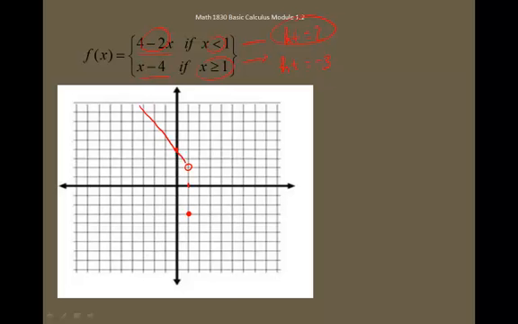And the slope of this one is 1, which is 1 over 1, so it's going like this. Here is a good example of a piecewise function where the left function is coming down, the right function is going up, and notice they do not meet in the middle.